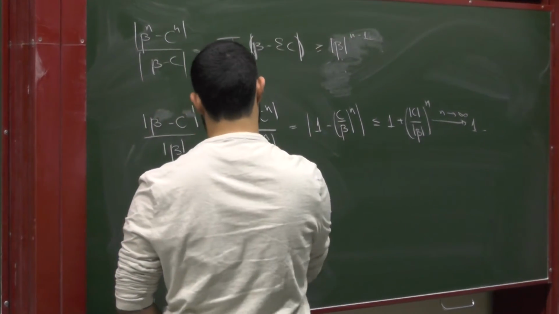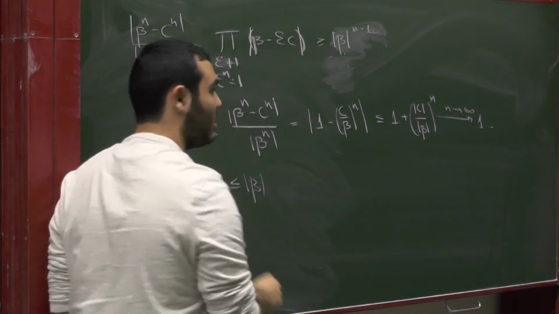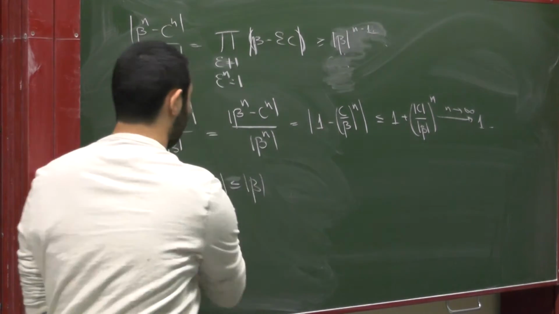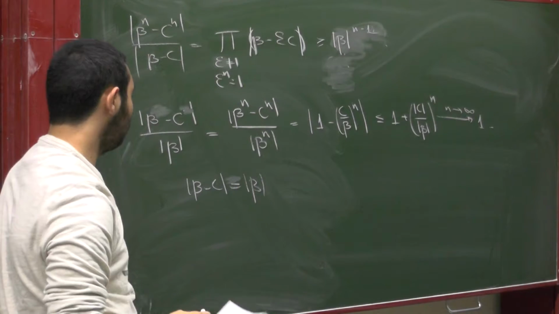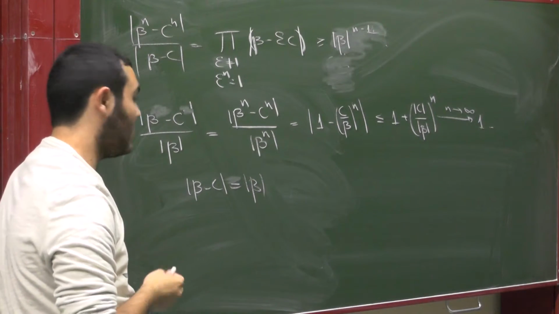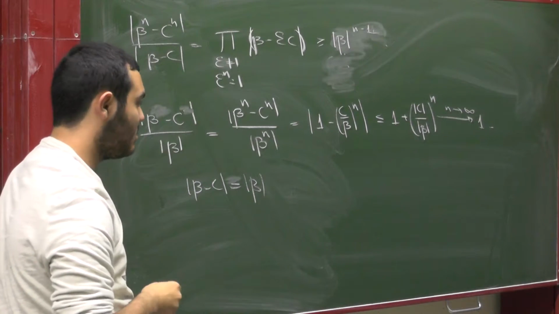So beta minus c is bounded by beta, and by minimality of beta I have equality. Okay. But this is absurd. I think this is supposed to be clear. And why is this absurd?